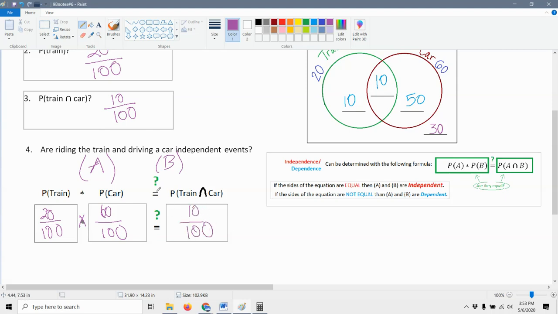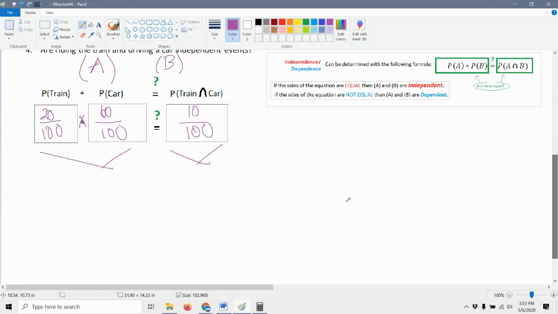Okay? So we're trying to figure out, do these sides equal each other? And in order to find that out, we have to simplify the two sides. We have two fractions that are being multiplied on the left side. So we need to go ahead and multiply those fractions. And remember, when we multiply fractions, we multiply the top numbers, and then we multiply the bottom numbers.